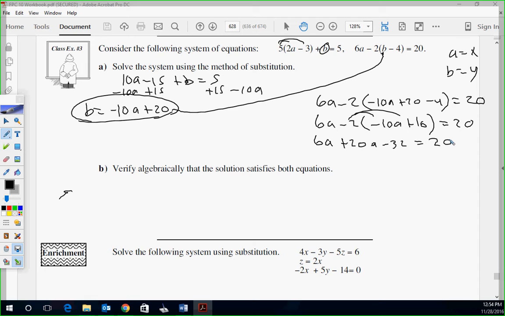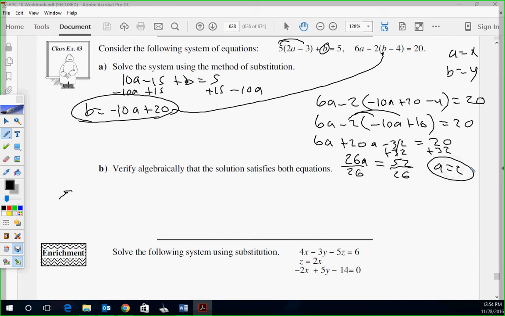I'll stop for a second, make sure that I'm not going too fast. Questions or concerns there, or maybe I have a mistake again? We're good? So I'm going to make this 26a. I'm also going to add 32 over. Gives me 52. Divide by 26.